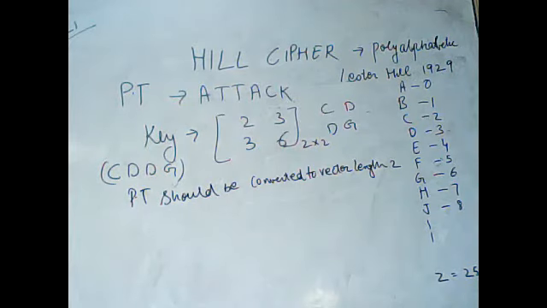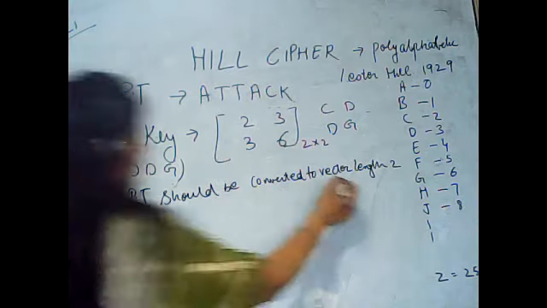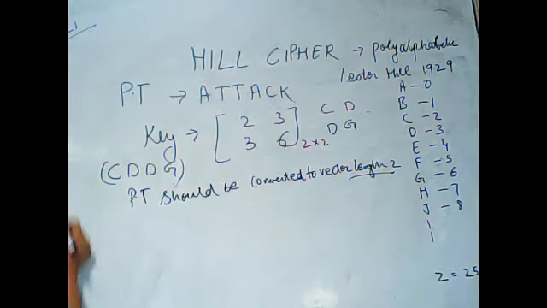So what do we mean by this term, vector length? We are writing like this, a vector length of 2. What is my plain text?